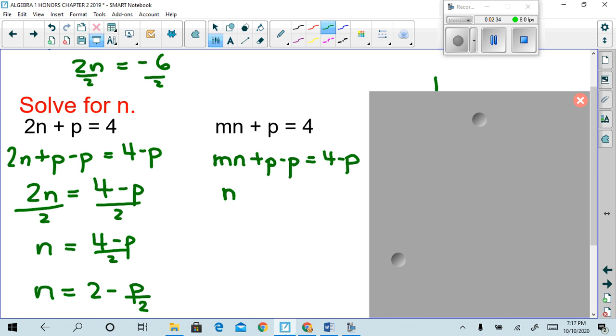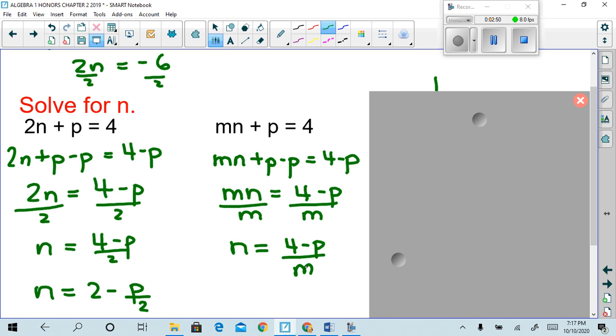That leaves me with m times n is equal to 4 minus p. To get n by itself, I'll divide both sides by m. So n is isolated, and that equals 4 minus p over m, where m does not equal 0, because otherwise it would be undefined.